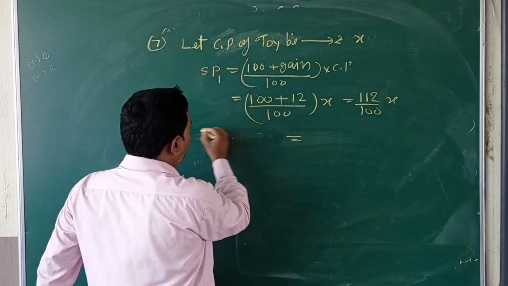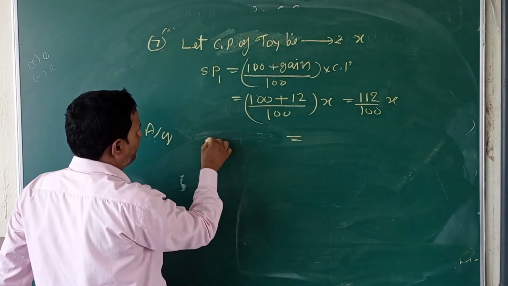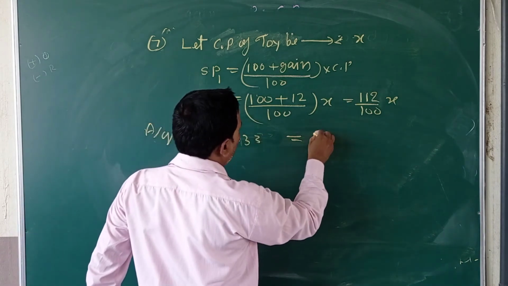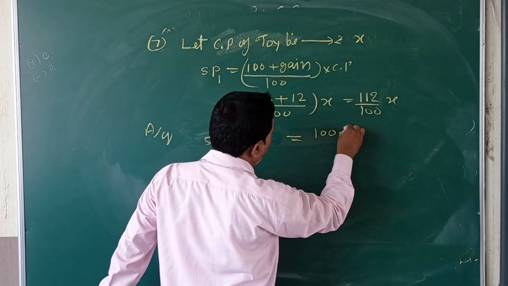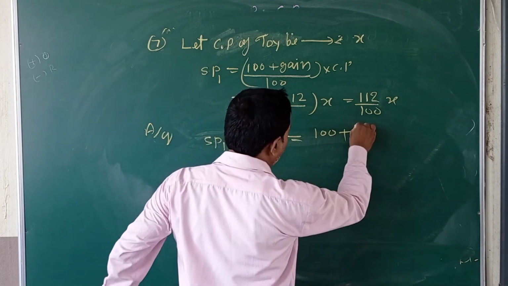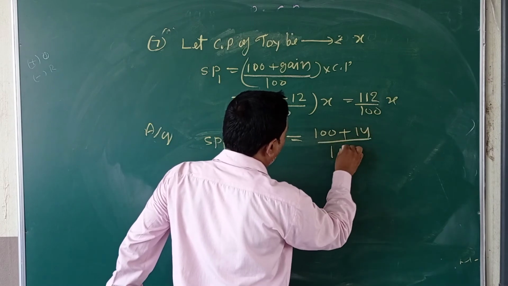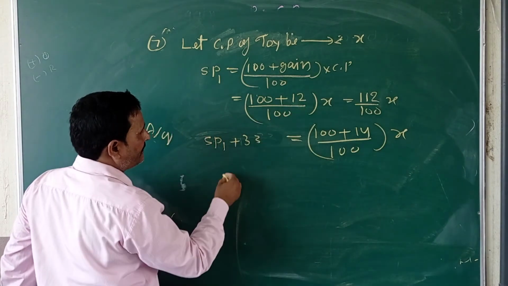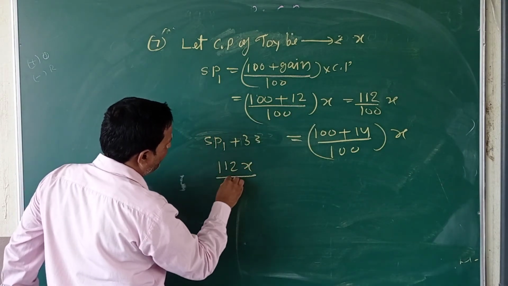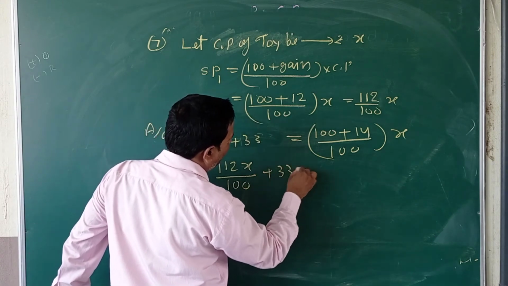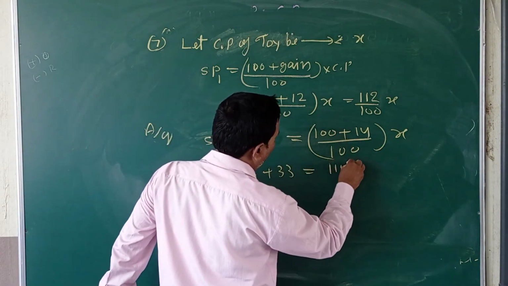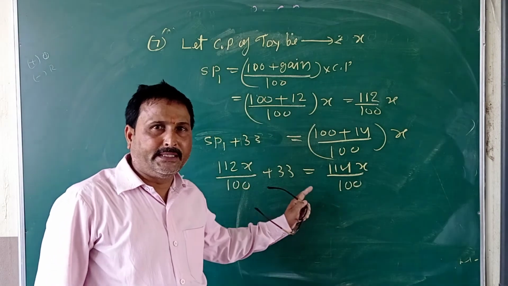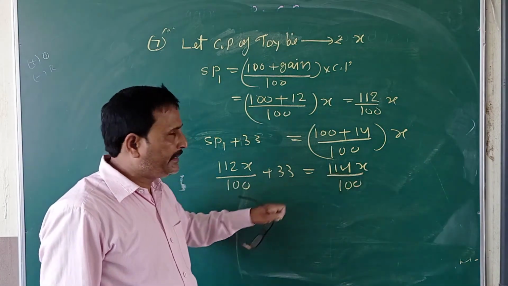Then SP1 plus 33 is equal to the same formula, 100 plus gain percentage 14% upon 100 into CP, same x. SP1 is 112x upon 100, plus 33 is equal to 114x upon 100. This is a linear equation of variable x.